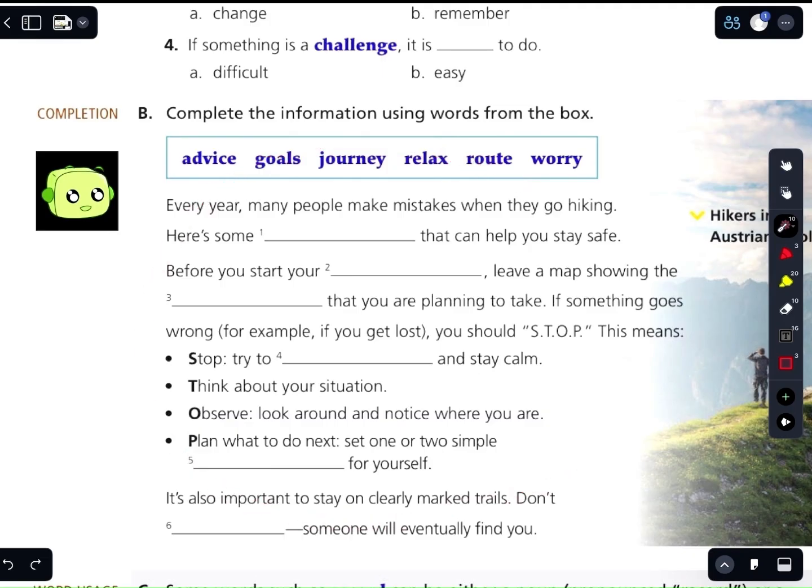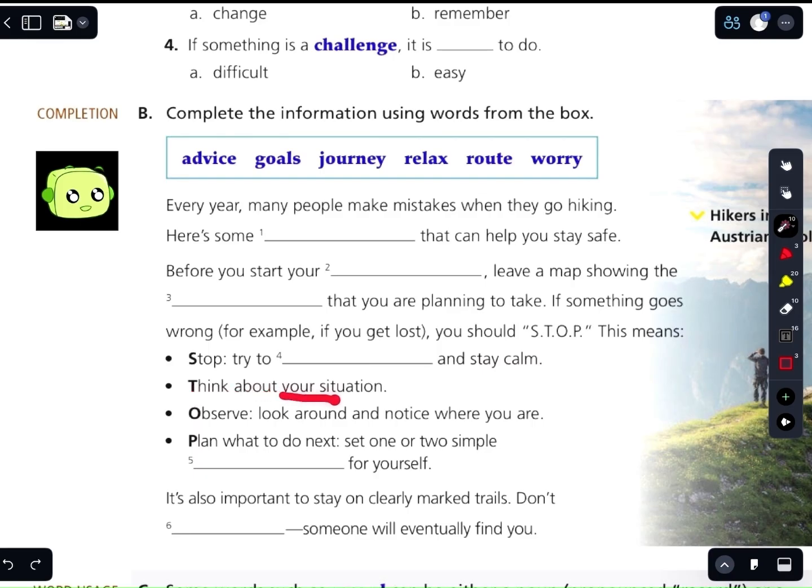Every year, many people make mistakes when they go hiking. Here's some blank that can help you stay safe. Before you start your blank, leave a map showing the blank that you are planning to take. If something goes wrong, for example, if you get lost, you should stop. This means S. Stop. Try to blank and stay calm.